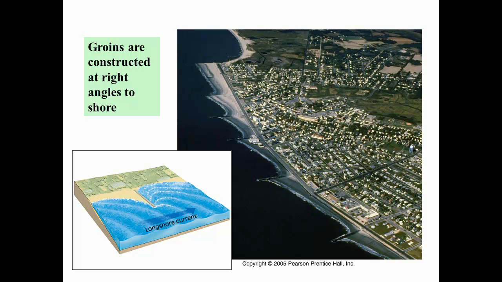Do you see this? Yeah, in other words, the longshore current is flowing towards the upper left-hand corner of this photograph, judging from the depositional patterns along the series of groins.